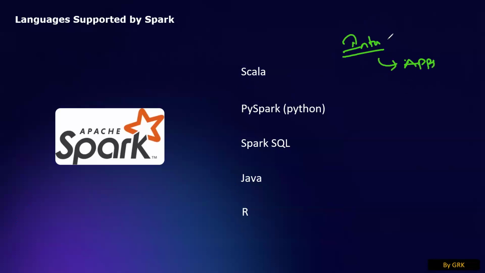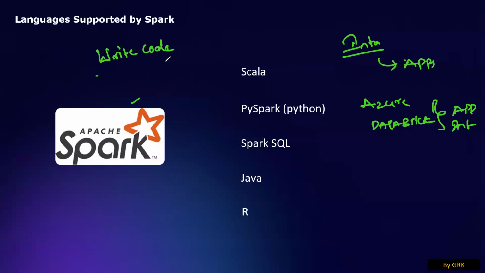Your Azure and Databricks can work with the app interface itself, whereas with Spark you have to write the code. Don't worry, it's not complex at all. It's very easy.